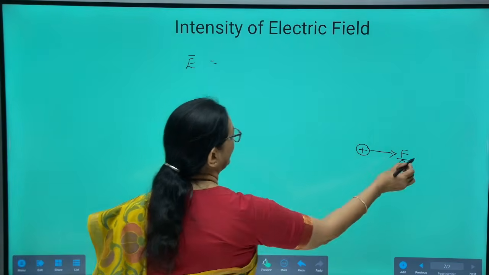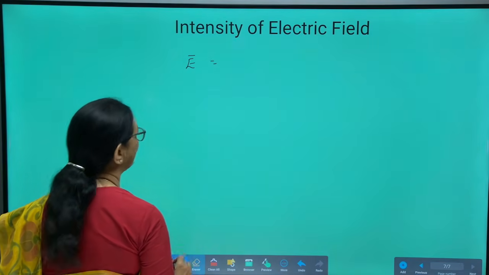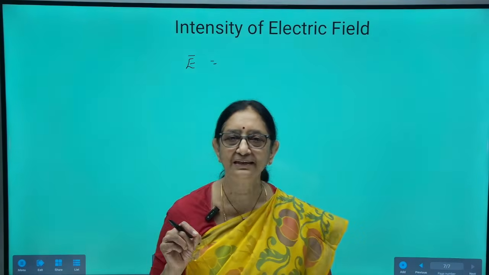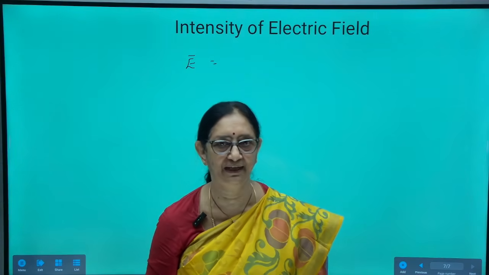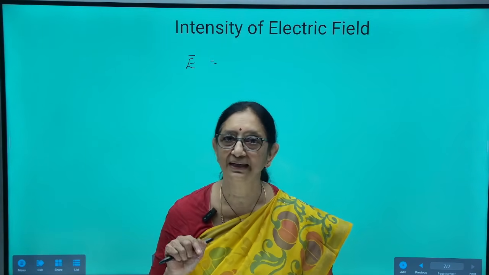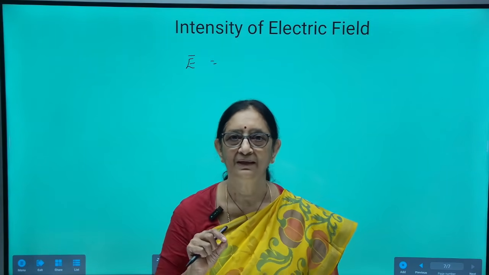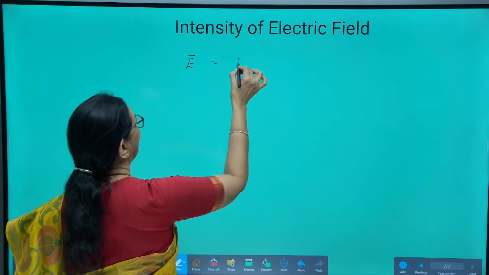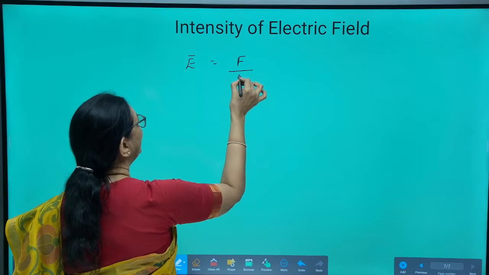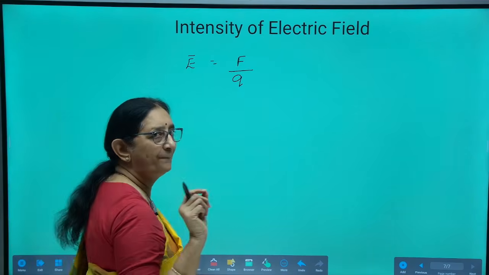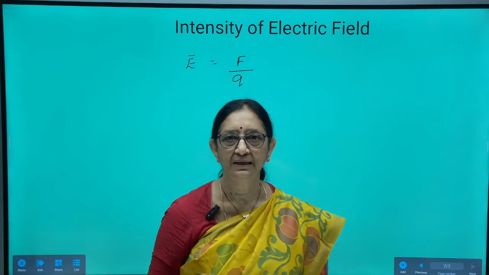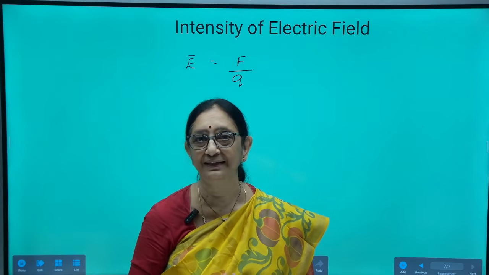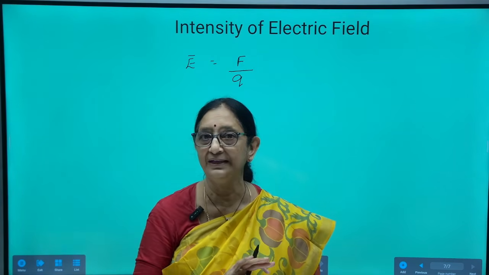So, I am telling you the definition of electric field intensity again. Electric field intensity at any point in the electric field is defined as the force experienced by a unit positive charge placed at that point. Whenever you are learning the definitions, you should never memorize them by heart.